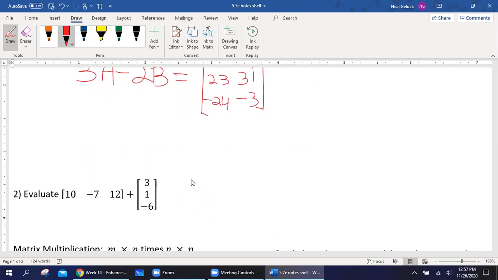On number 2, add these together. Well, first I checked the dimensions. The first one has 1 row and 3 columns, whereas the second matrix has 3 rows and only 1 column.